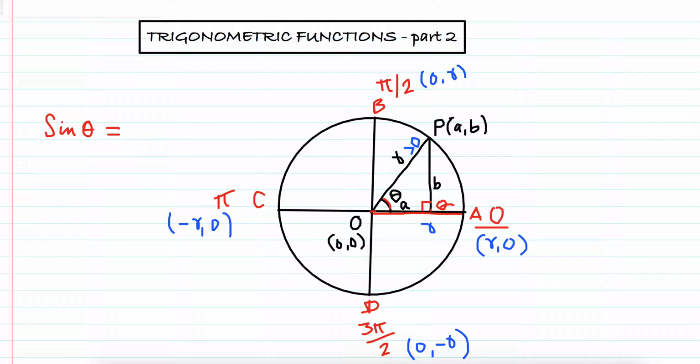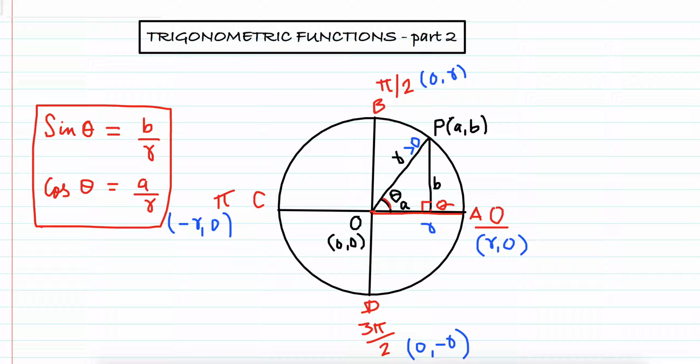So sine of that angle theta is defined as perpendicular upon hypotenuse. Perpendicular here is b and hypotenuse is r. And cosine of theta is defined as base divided by hypotenuse. Here base is a, divided by r. So this is the definition of sine and cosine.